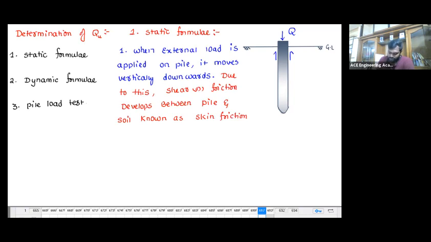Okay. So first thing first, this is going to develop on the soil, known as mobilized skin friction. Okay.